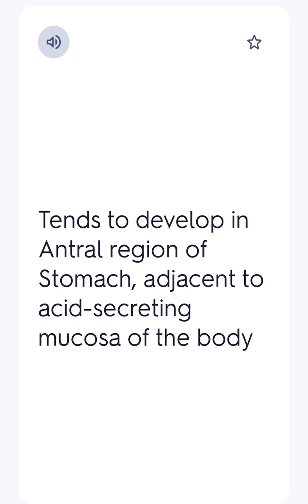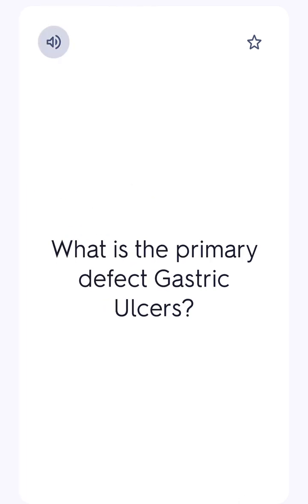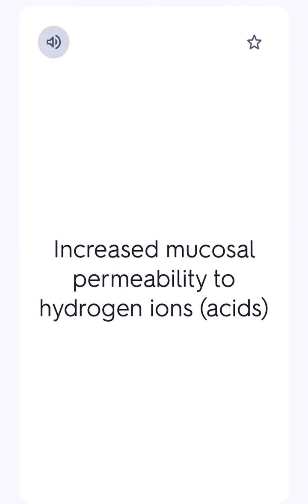Tends to develop in antral region of stomach, adjacent to acid-secreting mucosa of the body. What is the primary defect in gastric ulcers? Increased mucosal permeability to hydrogen ions.